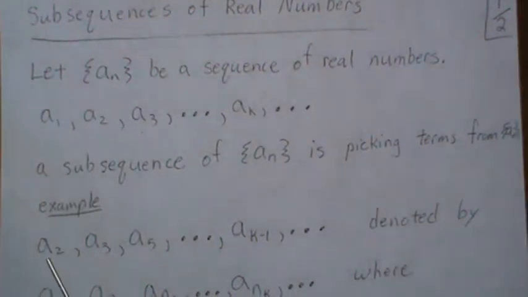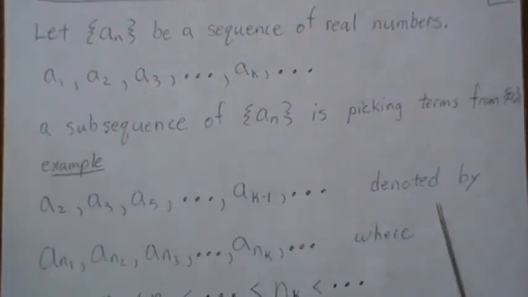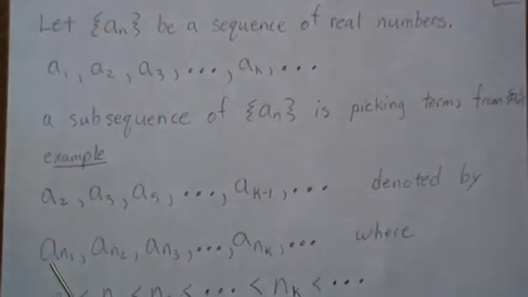Okay, so now here's our subsequence, and generically we're going to let it represent a_{n_1}, a_{n_2}, a_{n_3}, a_{n_4}, where these numbers are strictly increasing. The reason that we subscript it like this is because the subscript on the subscript tells us what term we are in our subsequence.